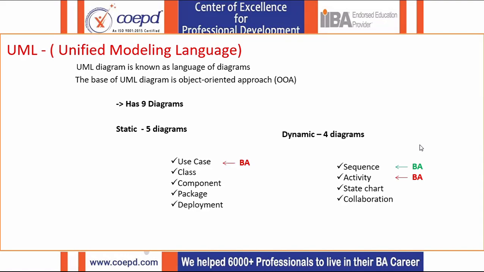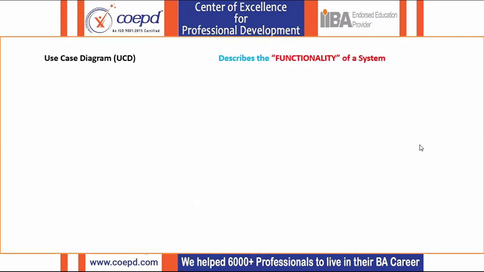Now, let's talk about the use case diagram. Use case diagrams are going to describe the functionality of a system. What does functionality mean? Suppose I'm using a mouse here. If I click one click, I'm going to get some text displayed, right?